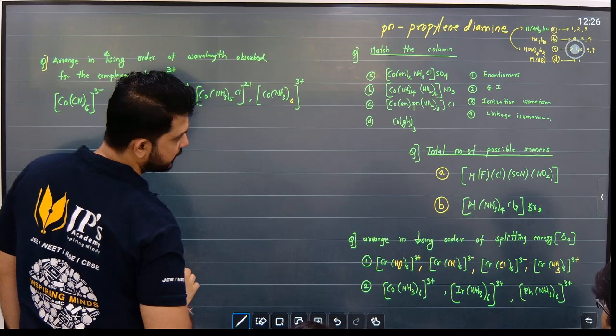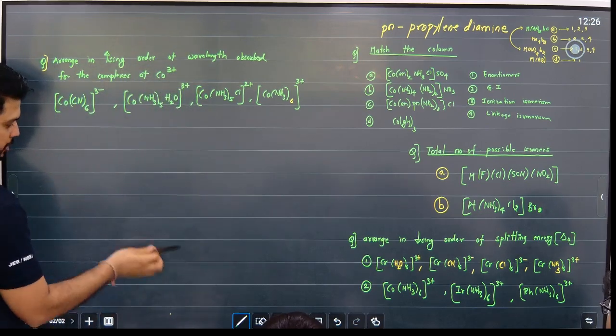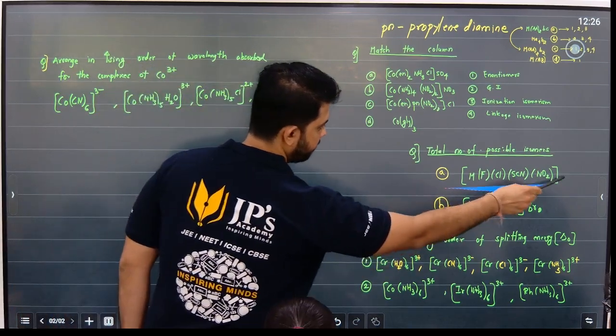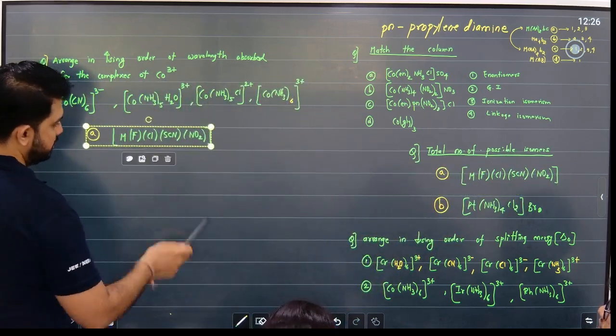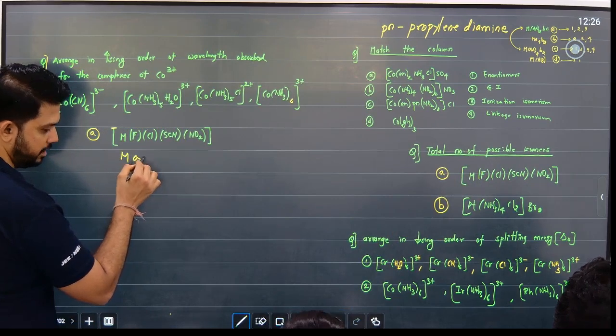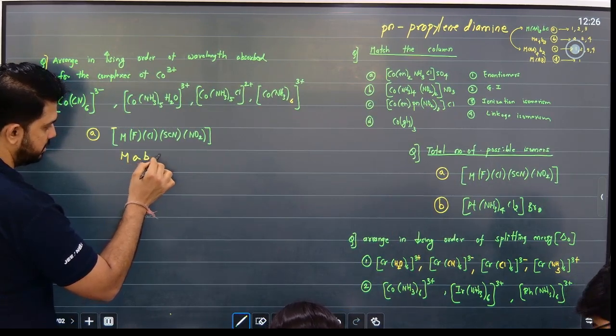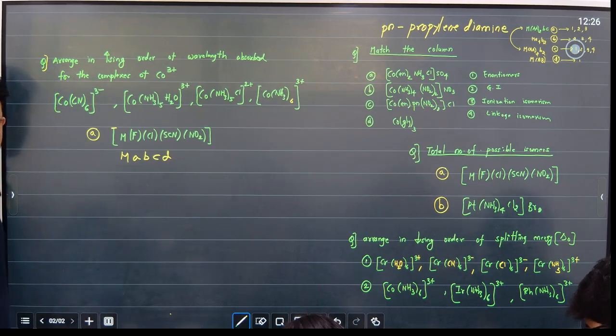So second, calculate the total number of possible isomers for the first one. What's the first compound, people? So this is M A, B, C, D. Give me, M A, B, C, D has how many isomers? They have only GI.